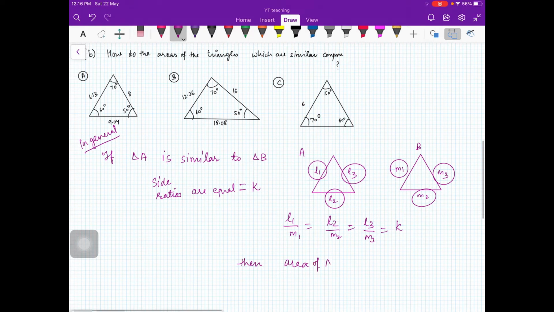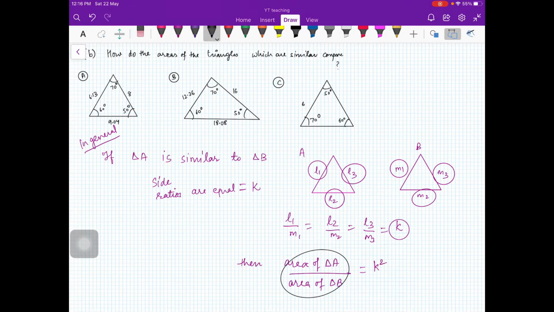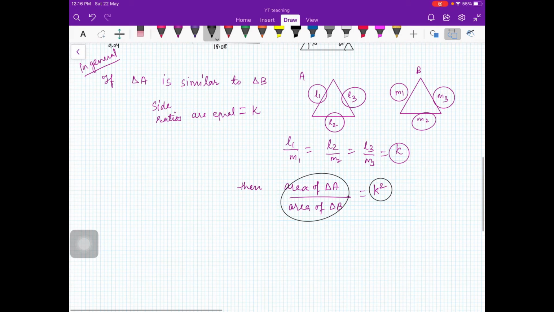area of triangle A divided by area of triangle B is K square. If the side ratio is K, then the ratio of their triangle areas will be K square. Can you think why this is so? Because when you compute the area of a triangle, two sides will appear, right? Suppose you have a right angle triangle.